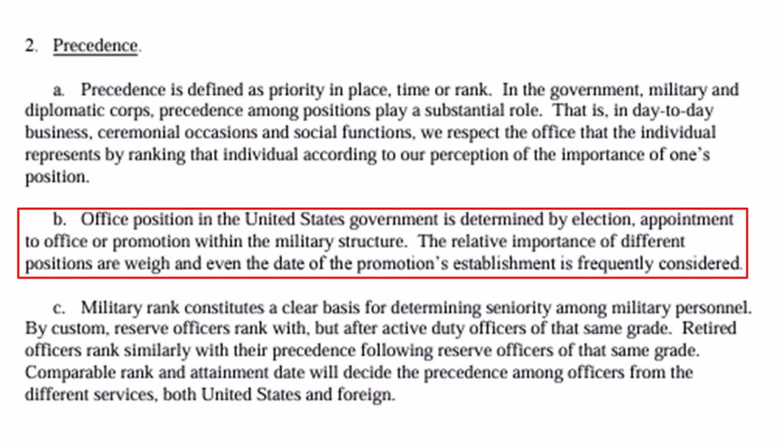So, military and civilian equivalence is a lot less about the rank of the individual and a lot more about the importance of the position that those individuals hold. The other thing that this Navy manual explains is that in addition to the position that an individual holds, the date of appointment into that position is also used to determine precedence. So that's where you get your date of rank or your date of appointment.